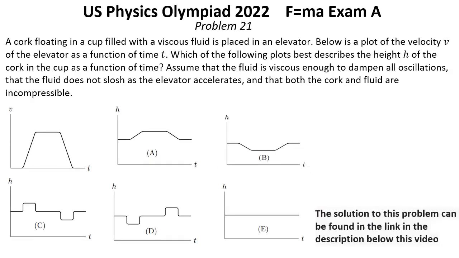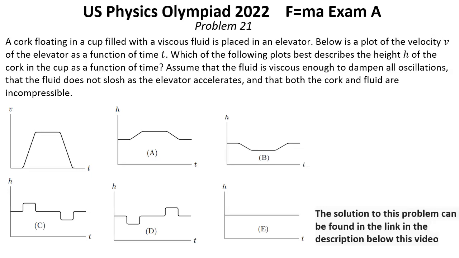Problem number 21. A cork floating in a cup filled with viscous fluid is placed in an elevator. Below is a plot of the velocity v of the elevator as a function of time t.